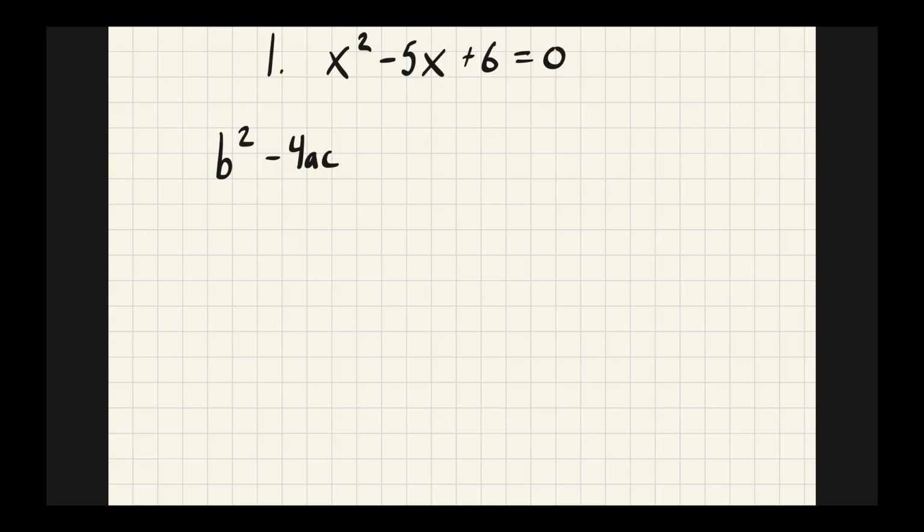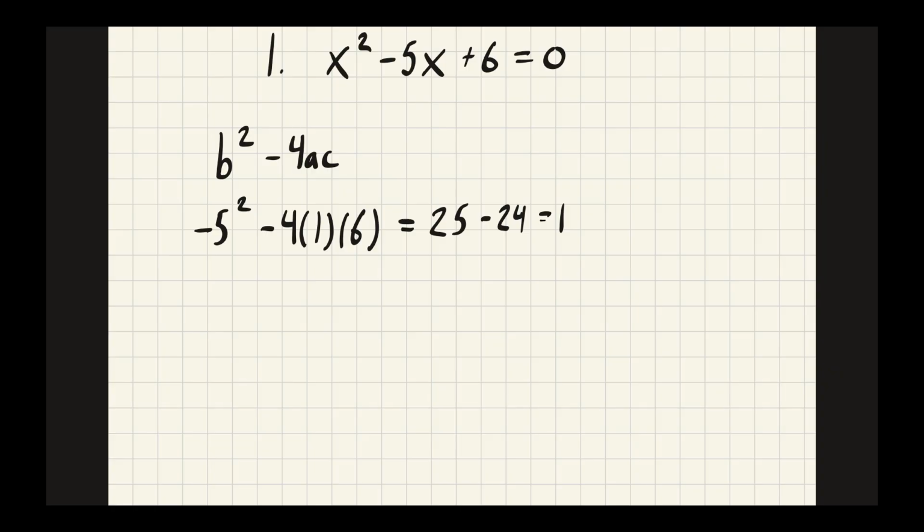So, b is negative 5 squared minus 4 times 1 times 6, which equals 25 minus 24, which equals 1. And since this is positive, then we know we're going to have 2 real roots.